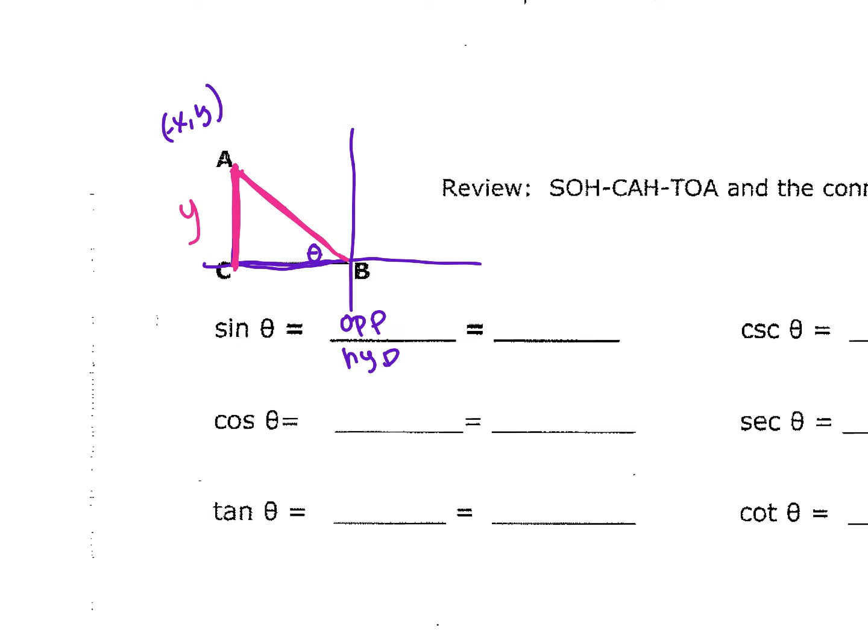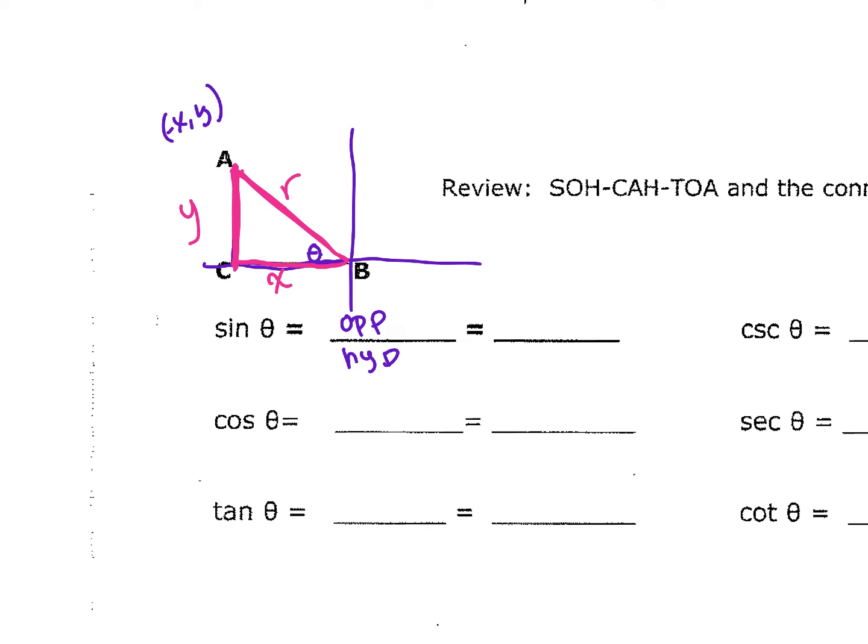The distance that we're going up from the x-axis, we're going up that distance y. Our adjacent corresponds to the x, and then this is our r. I'm sorry, what? Is that negative x? Yeah, in that quadrant, it would be a negative value, you're right.